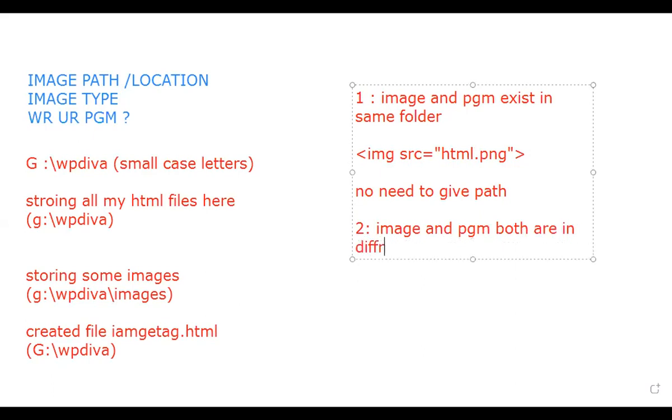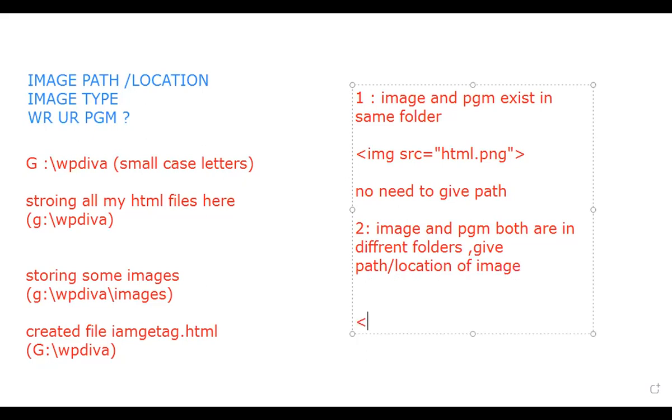Second, the image and your program are in different folders. If they are in different folders, you have to give the path, or provide the location of the image. Take the IMG tag, take the source, and type the path here. Suppose my image is in G colon slash WP division A, and in that there is one more folder called images.